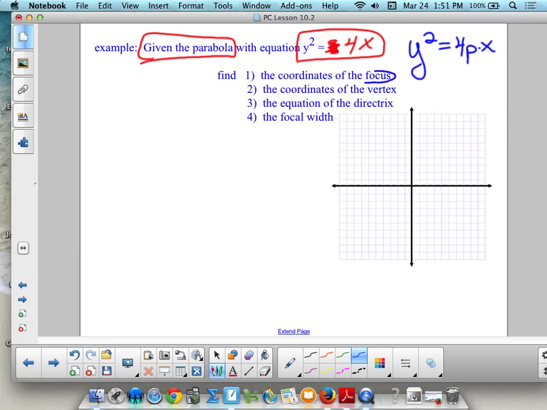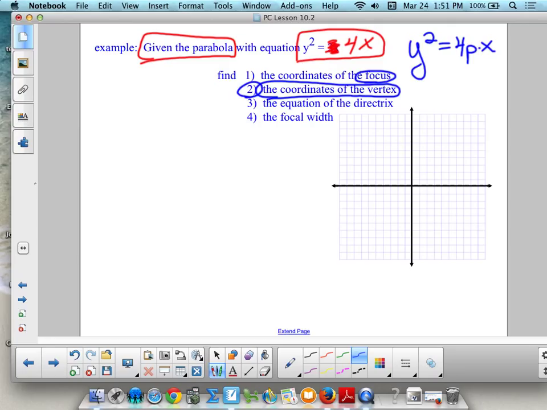Here's what they want now. Find the focus. Okay, where's the focus going to be? Well, before I do that, let's not do 1 yet. Let's do 2. Find the coordinates of the vertex. Hey guys, doesn't this look just like 2 slides back? Every equation will start like this, but I did tell you every equation has a vertex where?